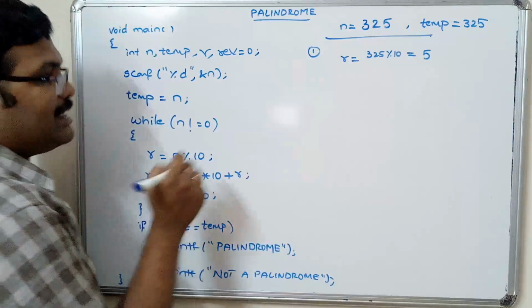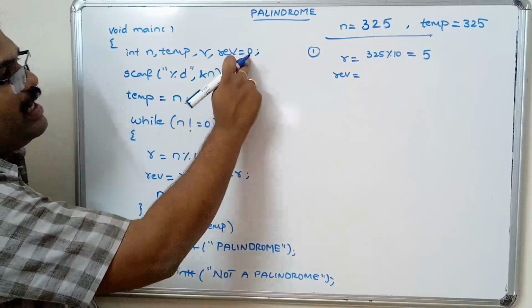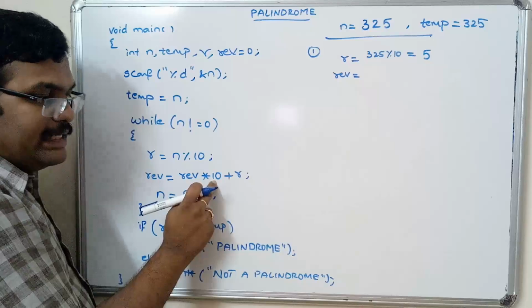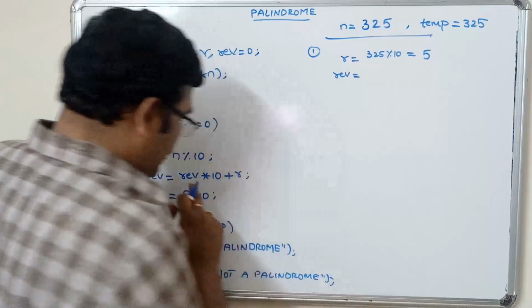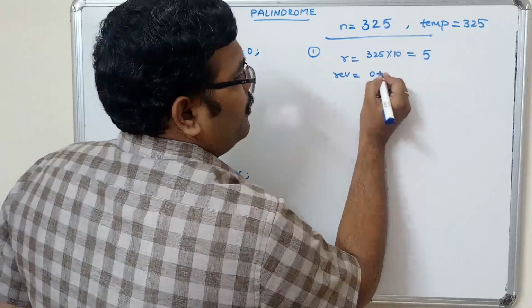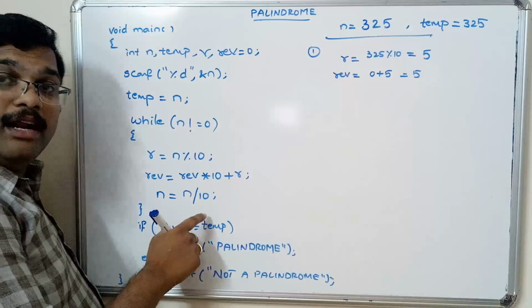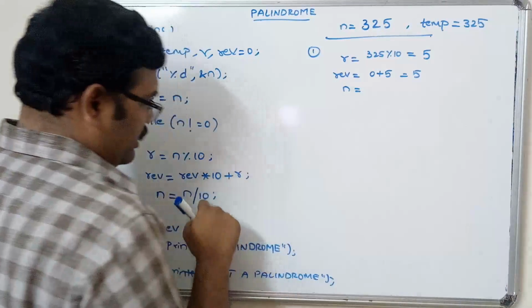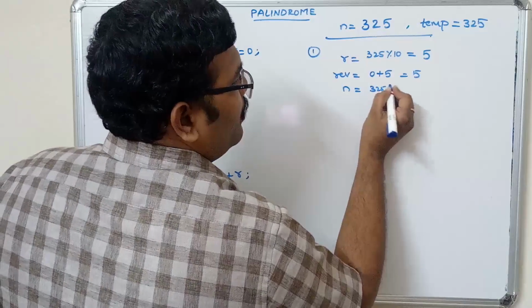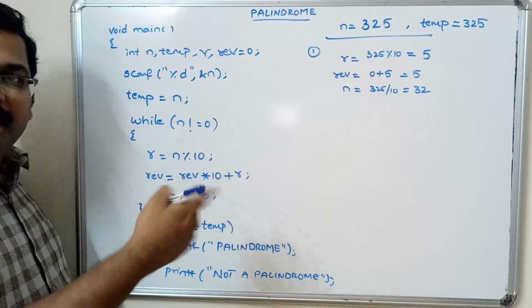Next, reverse is equal to reverse into 10 plus r. Initially the reverse value is 0, so 0 into 10 is 0, plus r value 5, so 0 plus 5 is equal to 5. Next, n is equal to n by 10. Now we have to update the variable. n is equal to 325 by 10, which is equal to 32. Now the n value is updated.